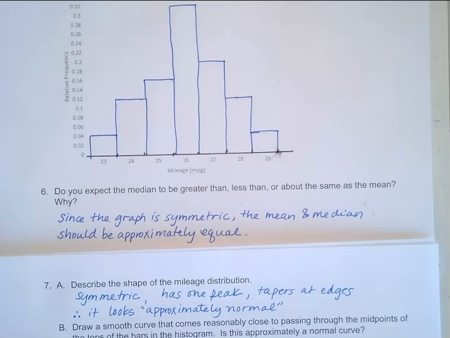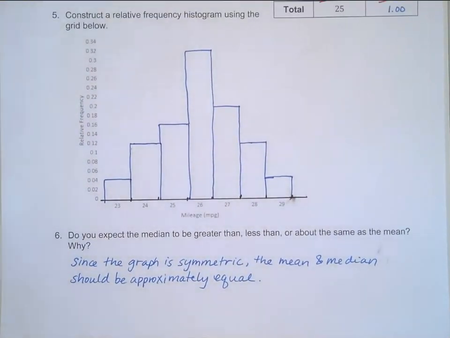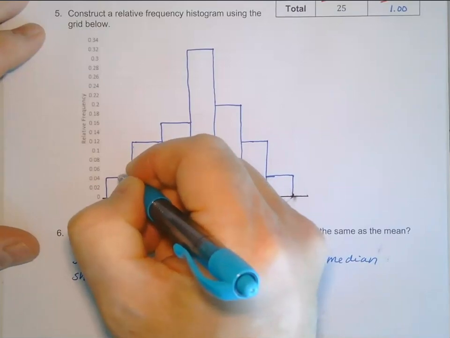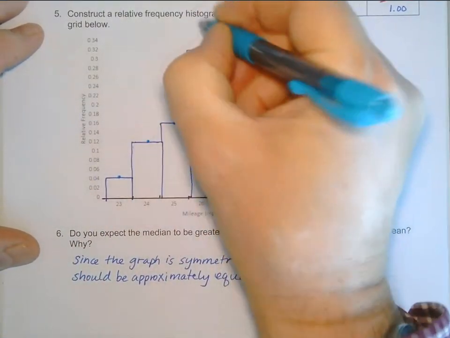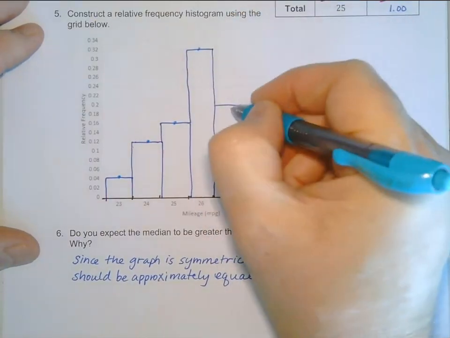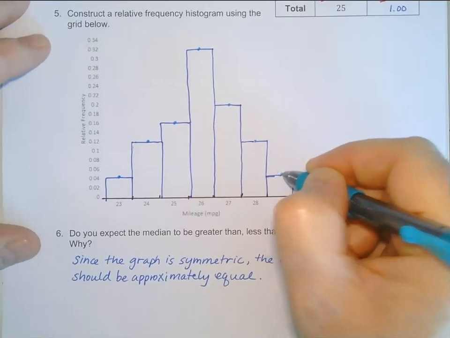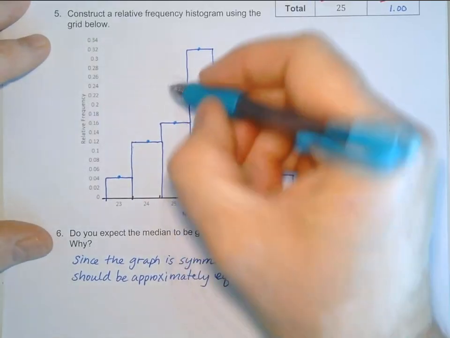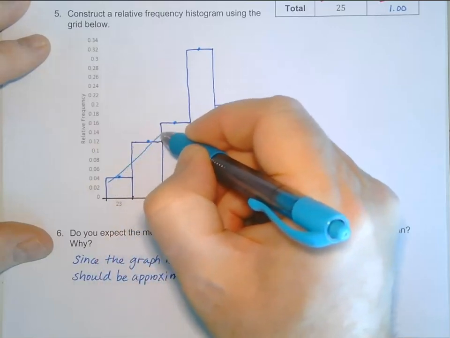But let's actually draw that in. Okay, so I have to take this off. I'll put it back up here in just a minute. And so if I put the midpoints of the tops here and connect them, it looks something like this.